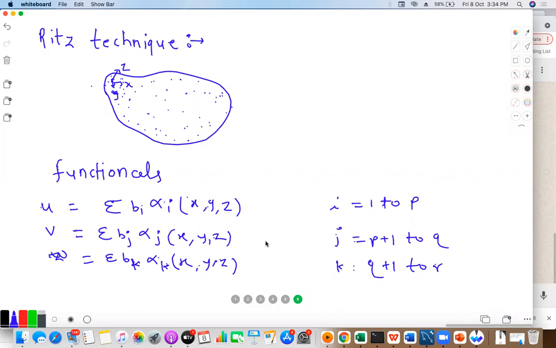Now, if I write my potential energy, phi will be a function of b1, b2, b3, until bn.